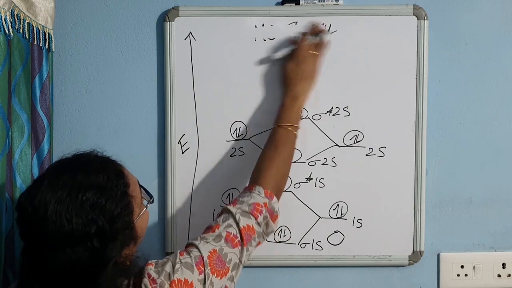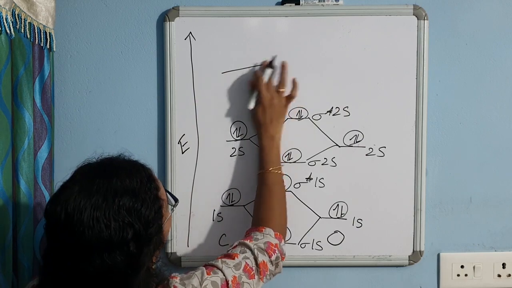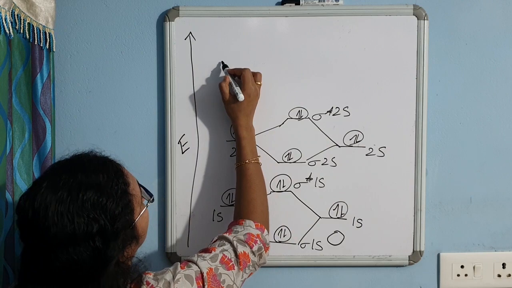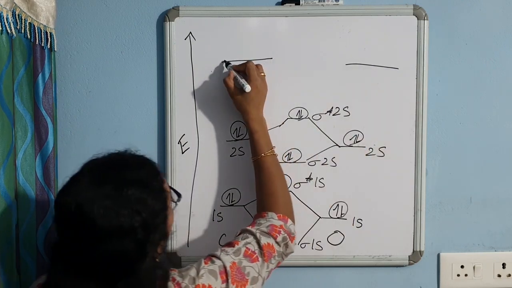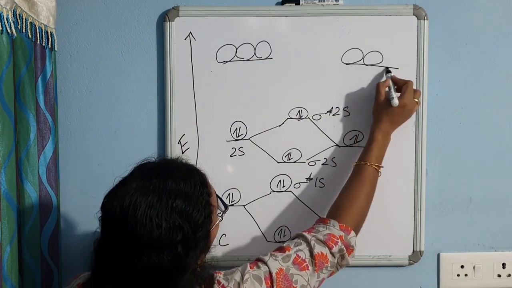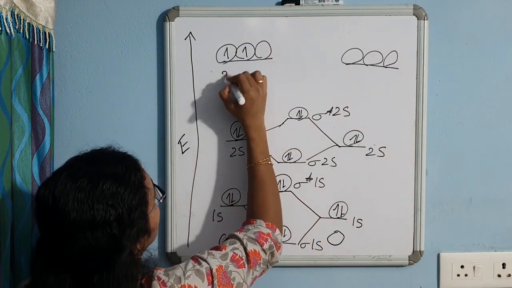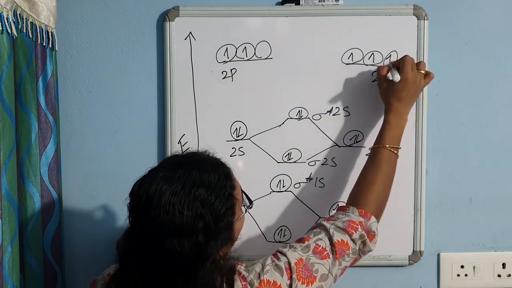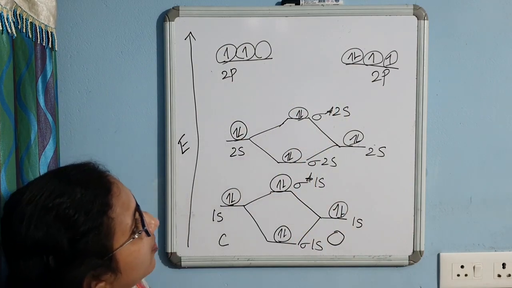Then we have the p orbitals. When we draw the p orbital, the atomic configuration is different on either side. We know there are 3 orbitals in the p subshell, and for carbon the configuration of 2p is 2p2, while for oxygen the configuration is 2p4. So that is also another difference in the atomic orbital configuration.